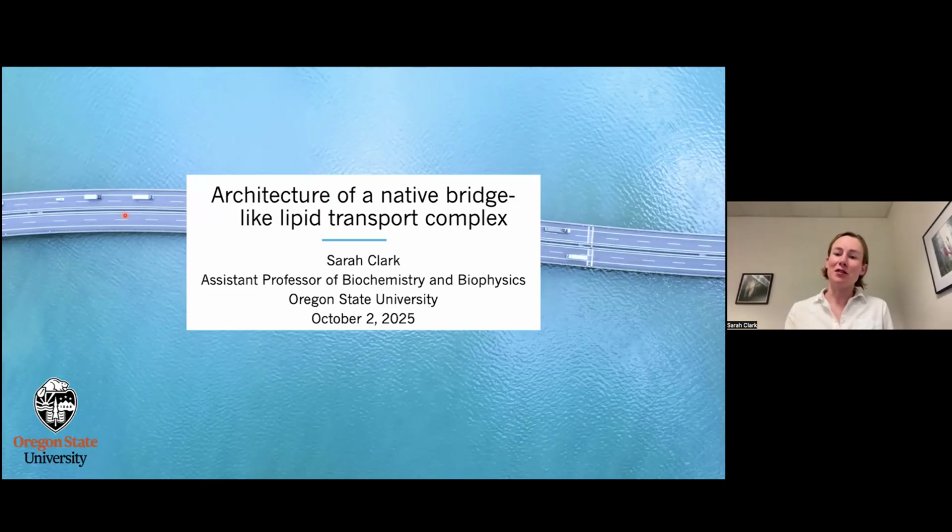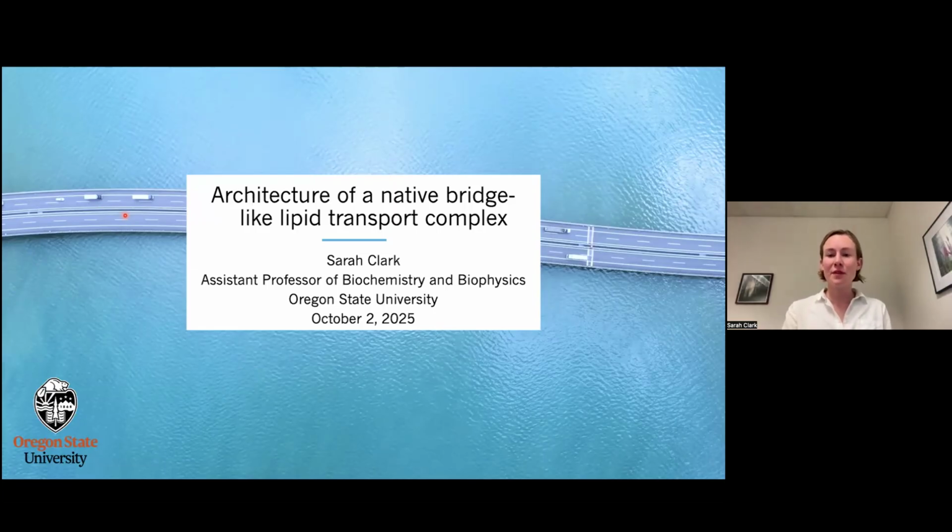In a cell, lipids are made in one location and then have to get transported everywhere else in the cell. They have to do this by crossing the aqueous cytosol. One of the ways that they do this, and we're coming to realize maybe the primary way, is through these bridge-like lipid transport proteins, which literally act as a bridge across the cytosol.